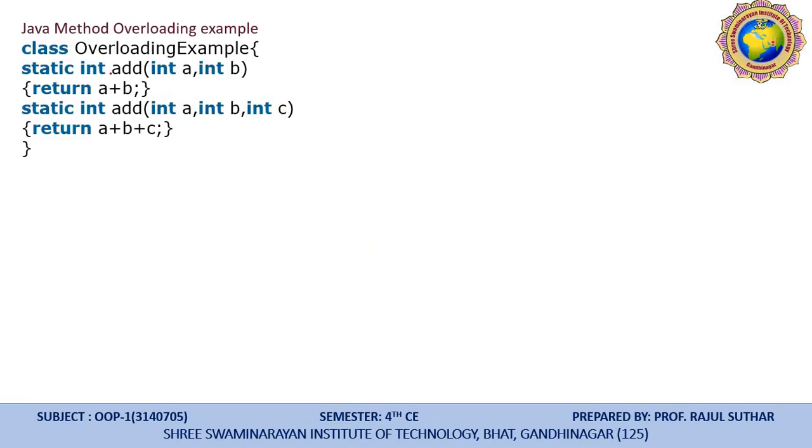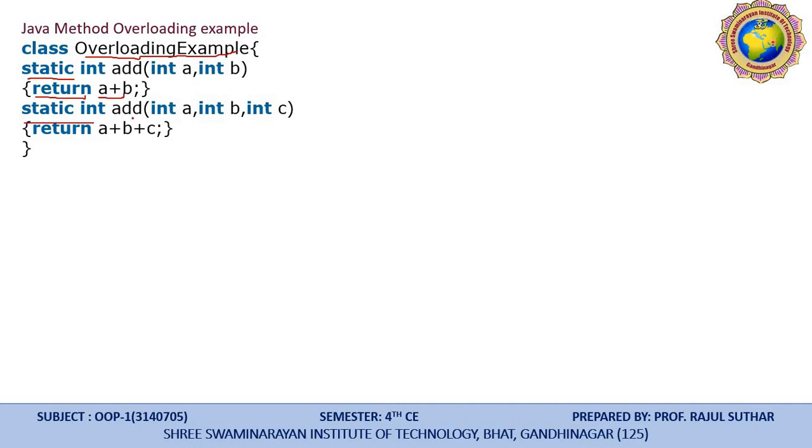Here is one example, Java method overloading. We write the class name, that is the overloading example. We declare two variables, int a and int b, and make the method static. What is returned? Return a plus b, means the addition of two numbers will be displayed.